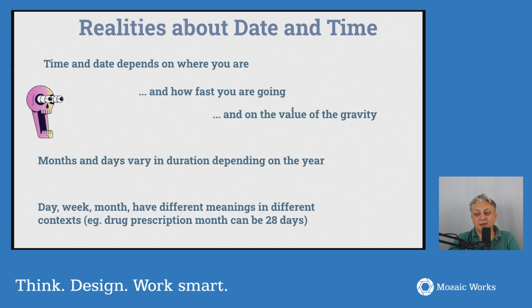And it turns out that months have different durations in different contexts. In that case, a drug prescription month is exactly 28 days. And there's a reason for that. I'm not sure this applies to every country. Okay, maybe it just applies to the countries this product was aimed at.